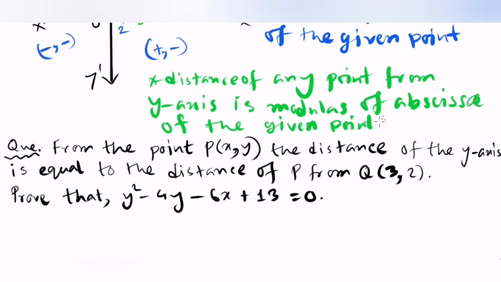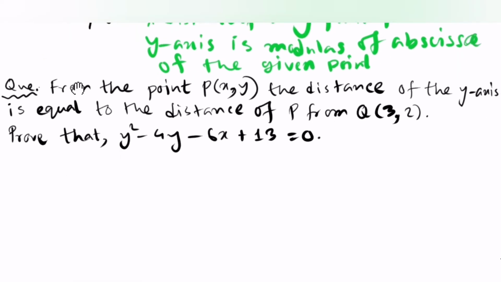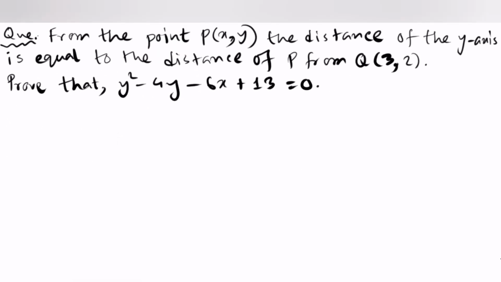And how to solve it? First of all, we are going to solve it in 3 steps. The first step is determining the distance of point P from the y-axis.